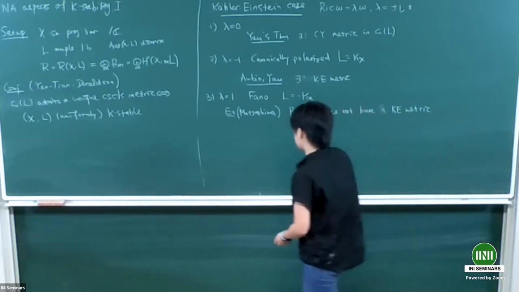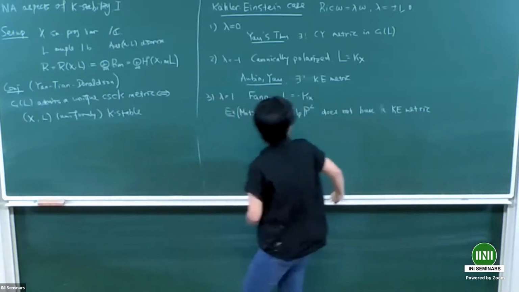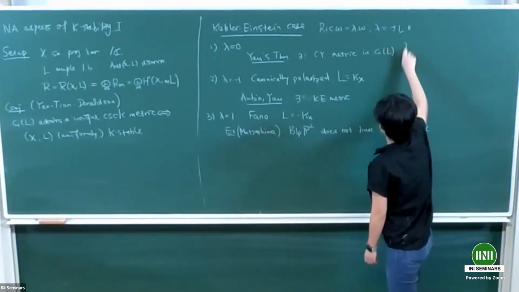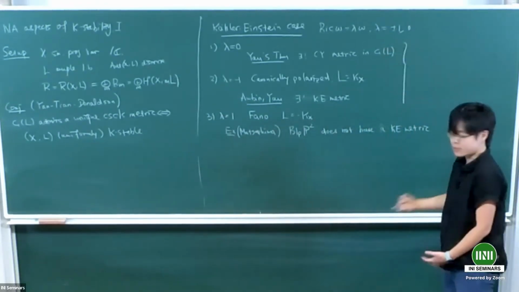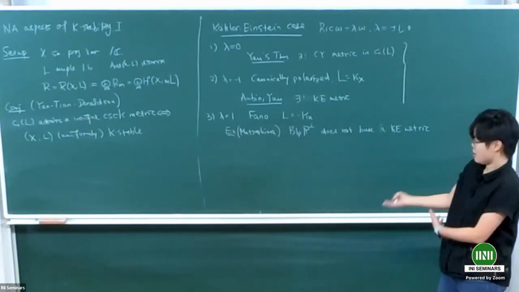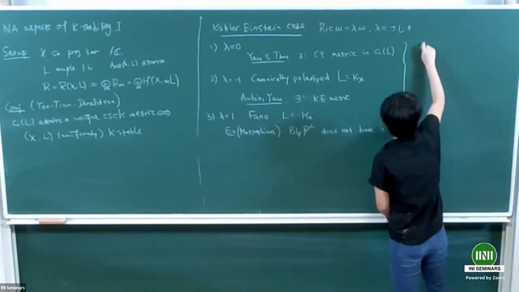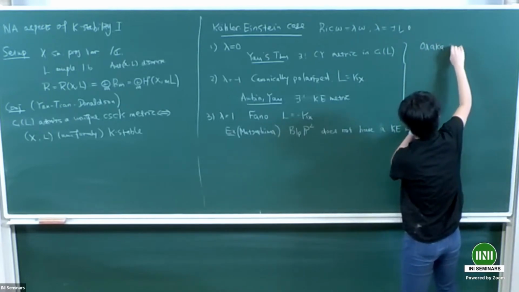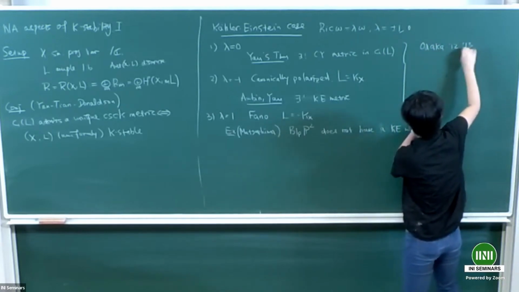And this is in fact true, but maybe before that, let me just say that in both of these two cases, K-stability is also verified, although much later, decades later, by Odaka, in '12 and '13.